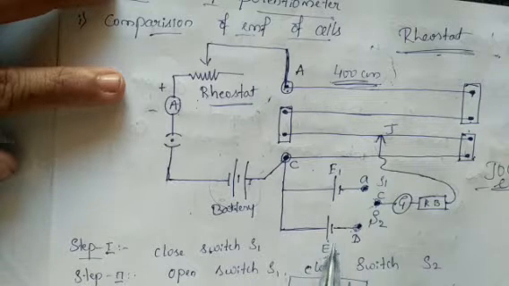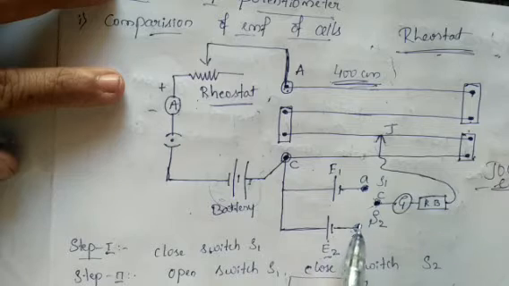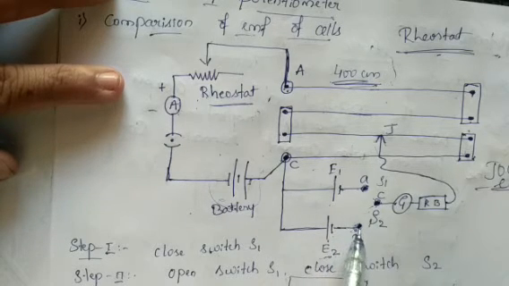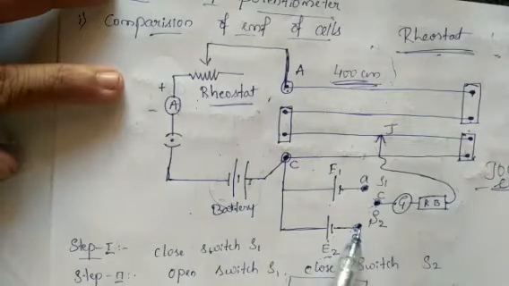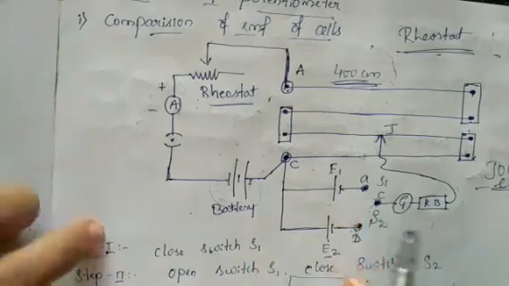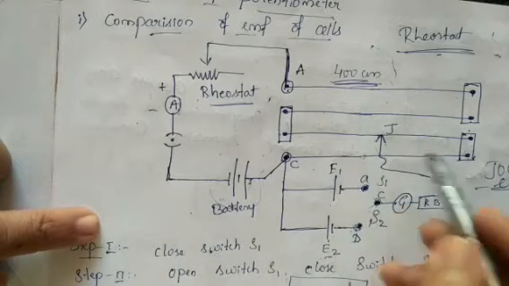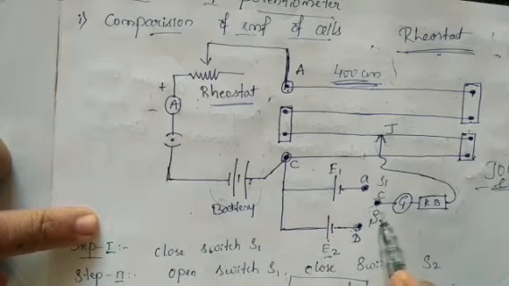So the negative terminal of the second cell is connected to the lower terminal of the two-way key. Now let us see how to compare these two cells, having EMF E1 and E2.